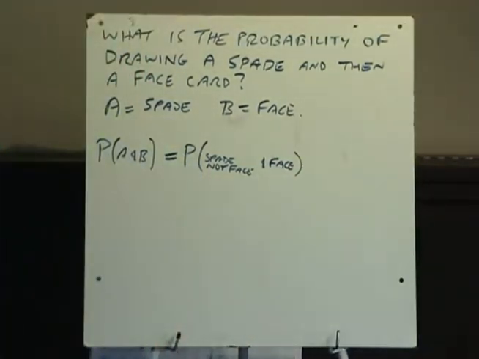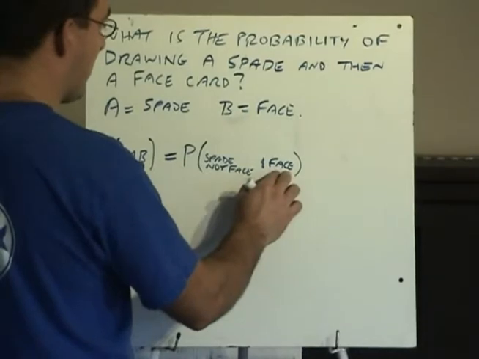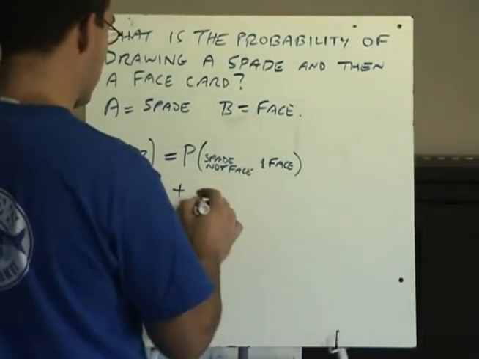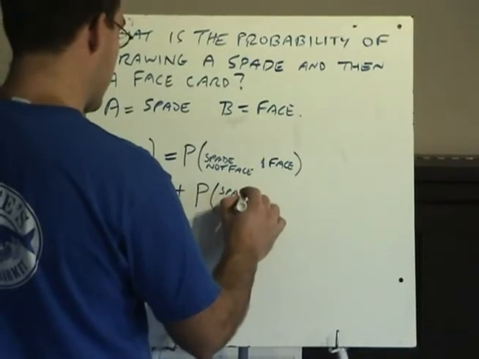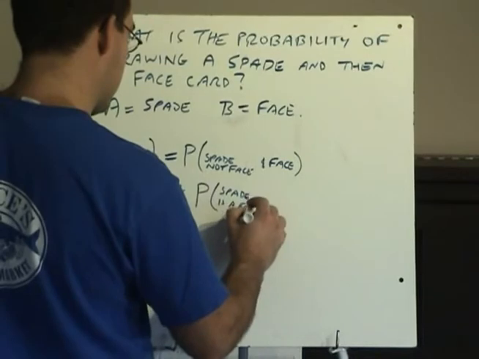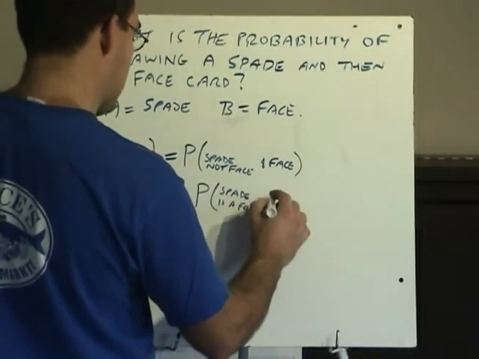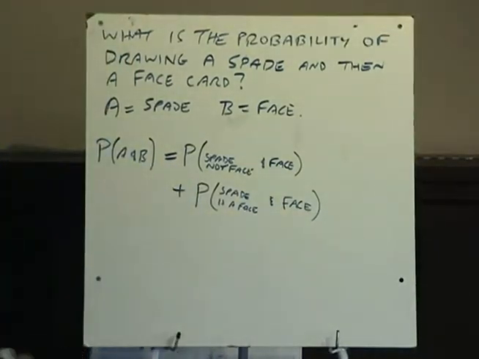So we're going to assume that the spade that we draw is not a face card, and then we'll have all the face cards left for our second draw. And then we could also consider the event that the first card's a spade, has to be a spade, and is a face. And our second event being the face card.